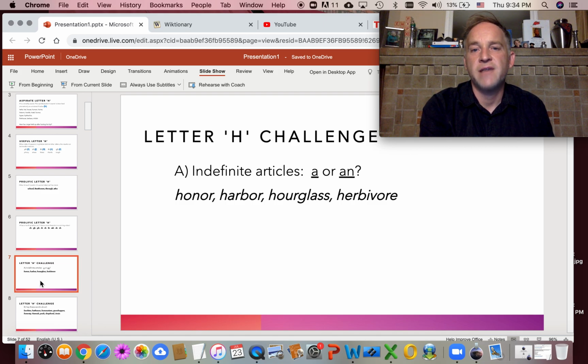An hourglass. What about herbivore? A herbivore. Okay, there we pronounce the H because it's kind of a scientific word. I think it comes from Latin as much as French, or it comes from English speaking scientists as much as it comes from Latin or French, we'll say. Anyhow, we can argue the points of this.